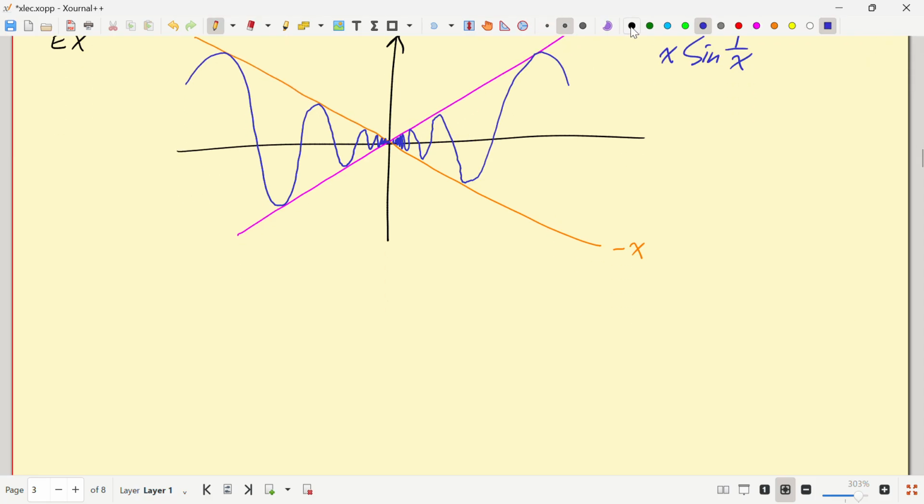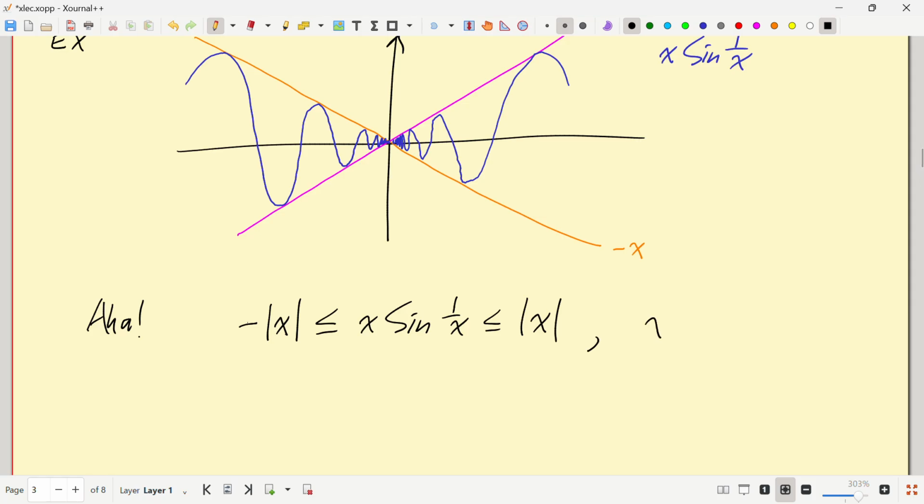So we see the curve on the bottom is minus the absolute value of x. That's less than or equal to x times sine 1 over x. And that's less than or equal to absolute x. And of course, it's easy to show that absolute x and minus the absolute x tend to 0 as x goes to 0.